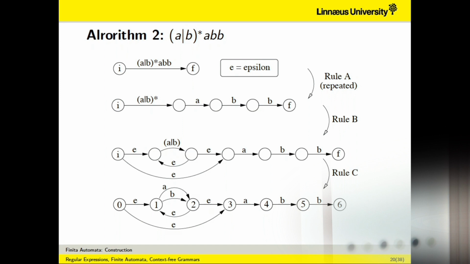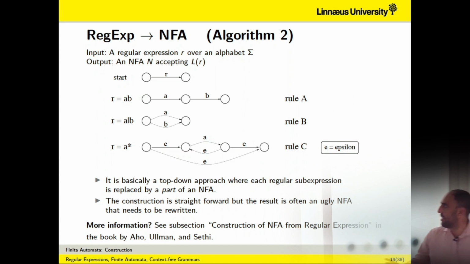Here in this step, for A, B, B, B, we have rule 2. We have shown already that if you have something concatenated, you can split it by adding a new state in the middle.